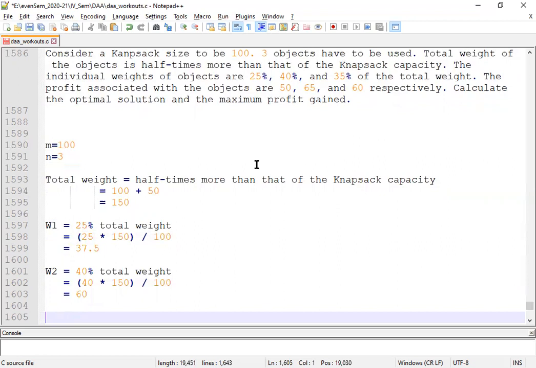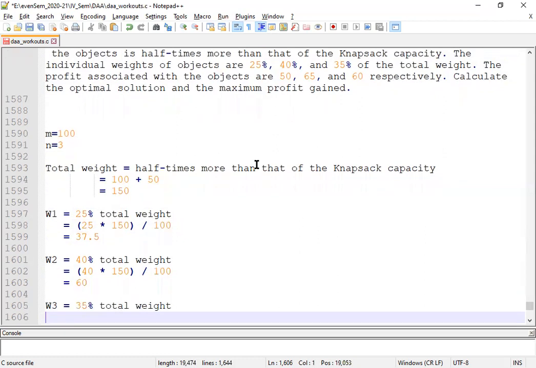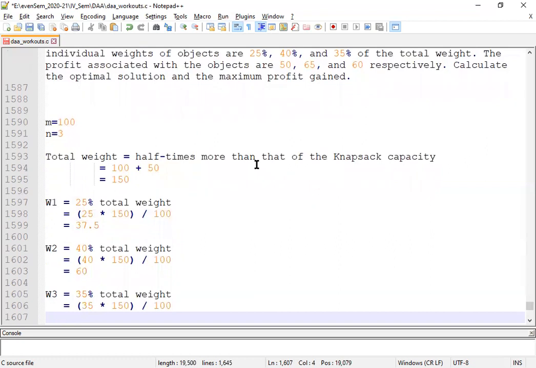Then the third one, W3. W3 is 35% of the total weight. Again, this is going to be 35 multiplied by 150 divided by 100. So here we are going to get the value as 52.5.